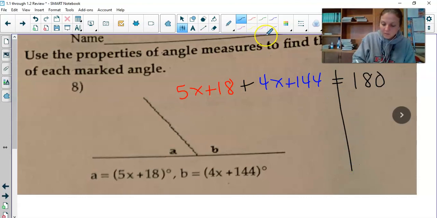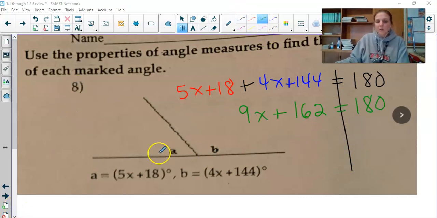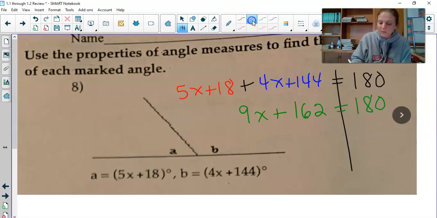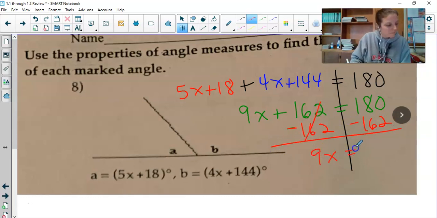Okay, the next thing that I'm going to do is subtract 162 from each side. And then go ahead and divide.